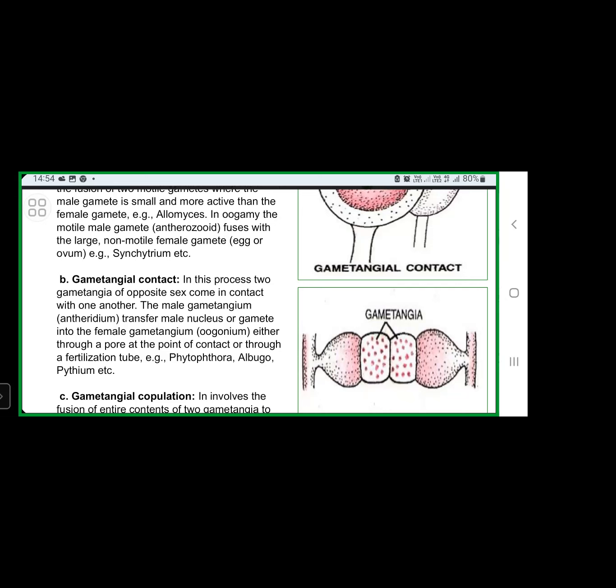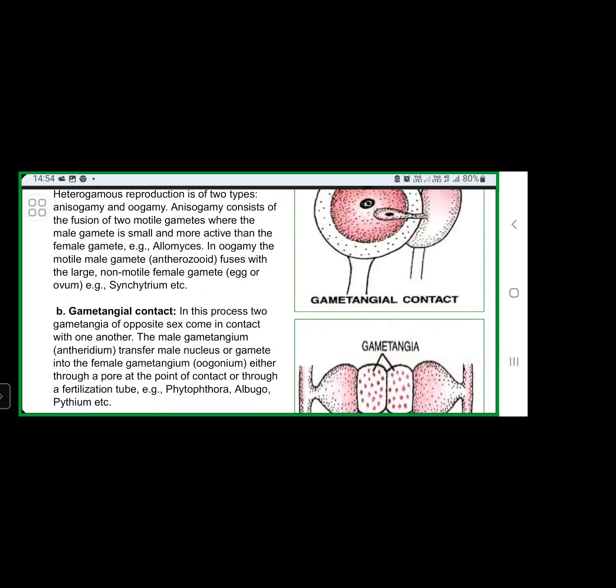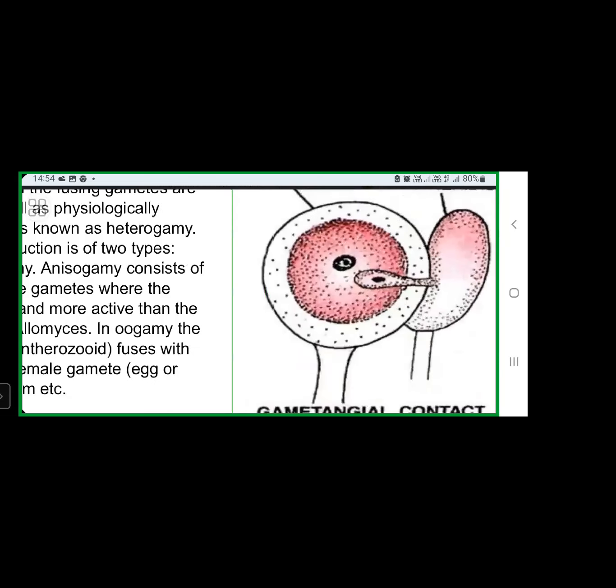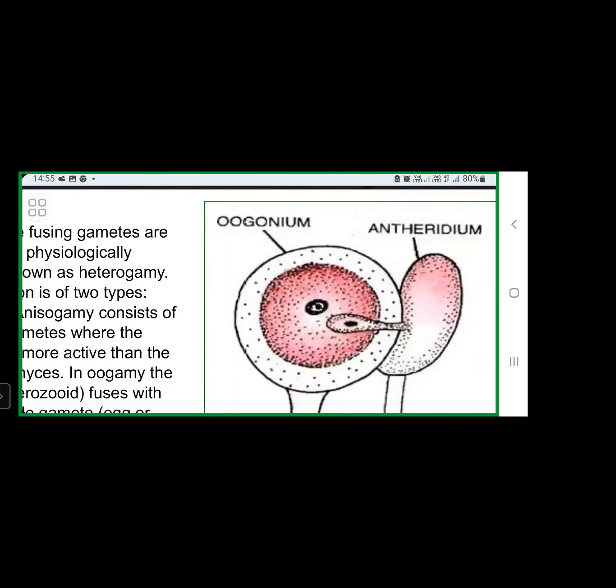Here, the male one is called antheridium, the female one is called oogonium, the larger one. Larger one is oogonium, female. Smaller one is antheridium, male. Both are coming close to each other, touching each other.